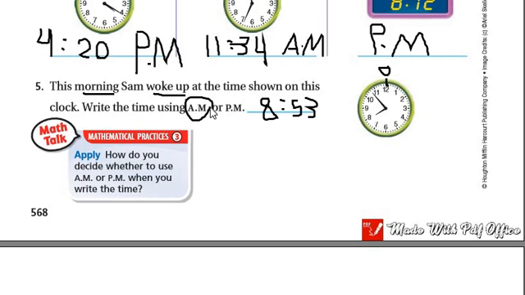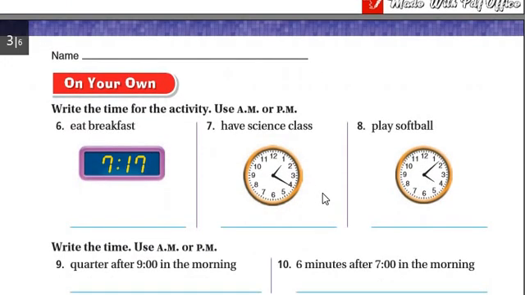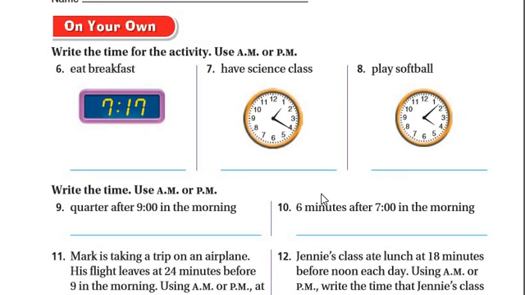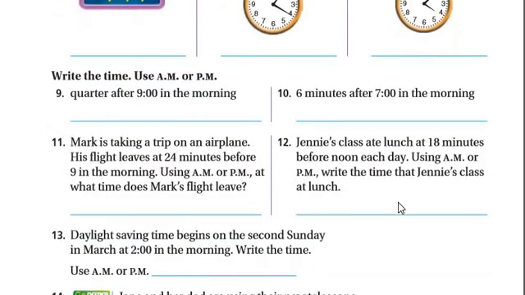What is the discussion between your family, your mom, your dad, your sisters or brothers, and tell me the answers. Then you will go to page 569. This one is on your own as usual. You will solve it in your book, and I'll see it in the second conference session, inshallah.